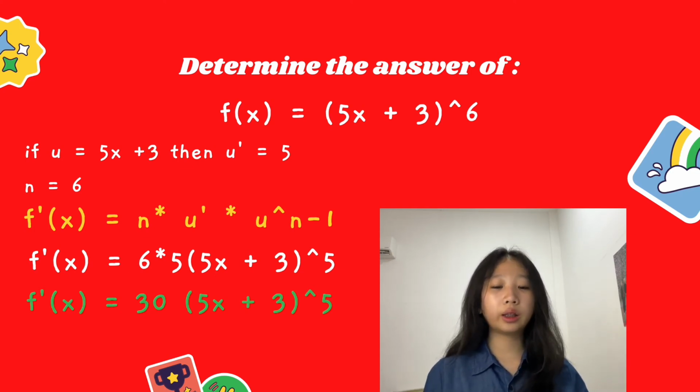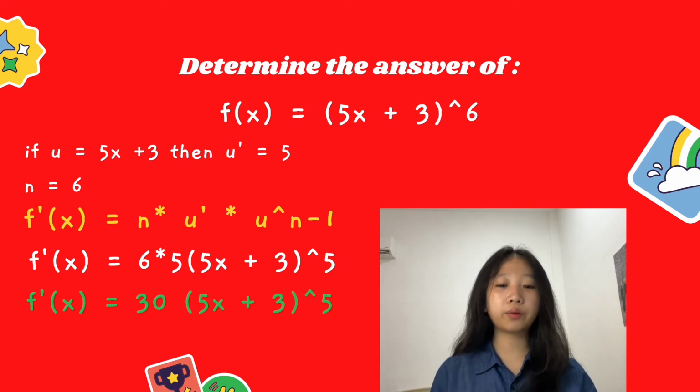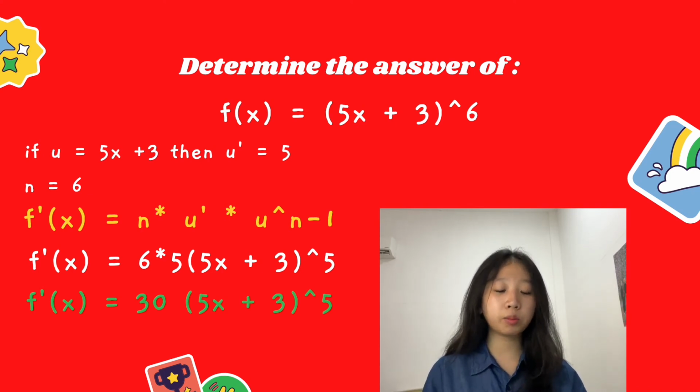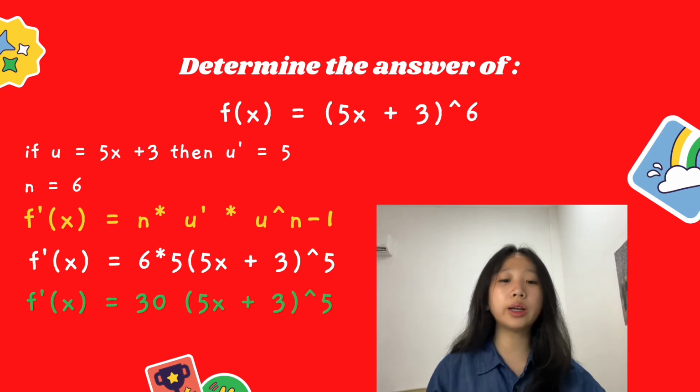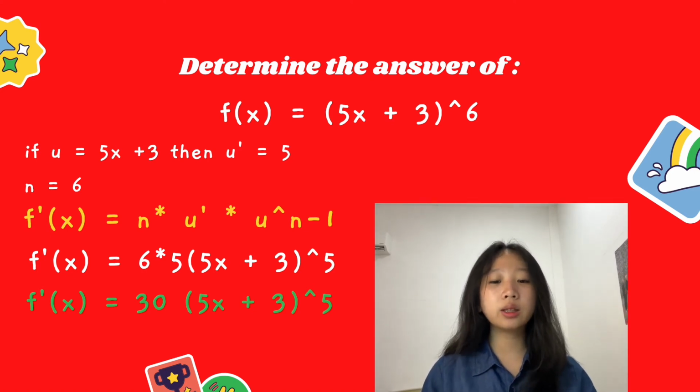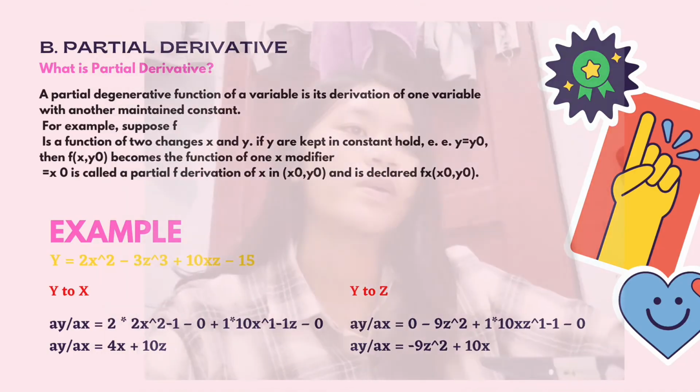So it equals 6 times 5 times 5x plus 3, and for the power it is 6 minus 1, which is 5. And the result equals 30 times open bracket 5x plus 3 power of 5.